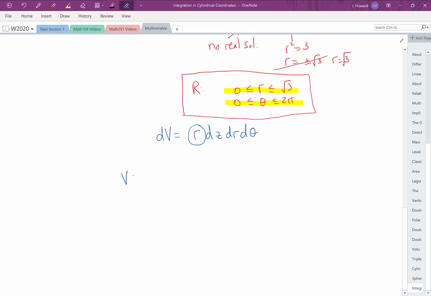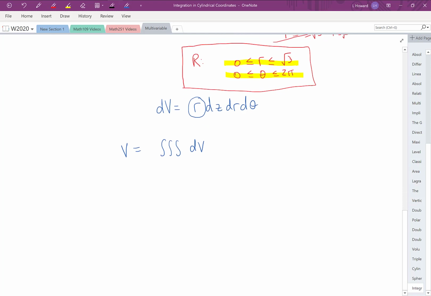We can say volume, which is what we're looking for, is the triple integral over our solid of dV. And specifically, our dV here is going to be r dz dr d theta, because we're working in cylindrical coordinates. And then we can just plug in our appropriate limits of integration.